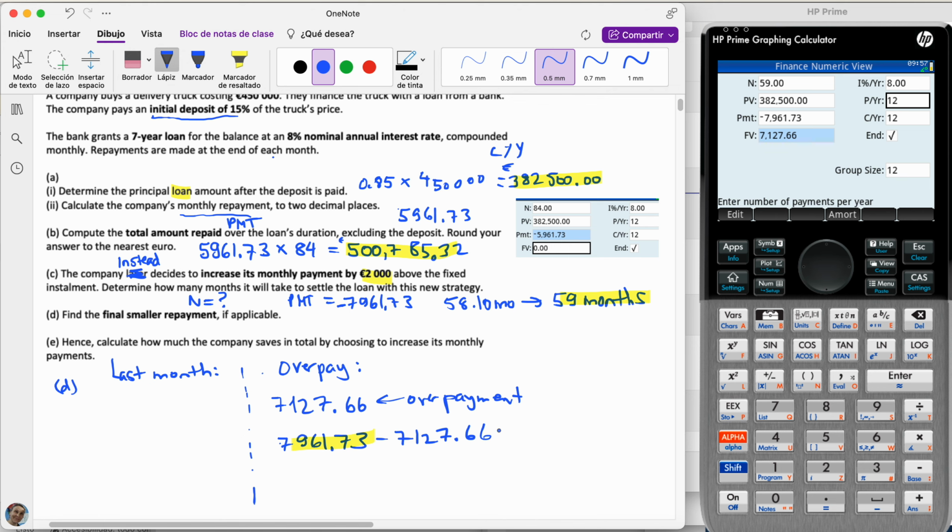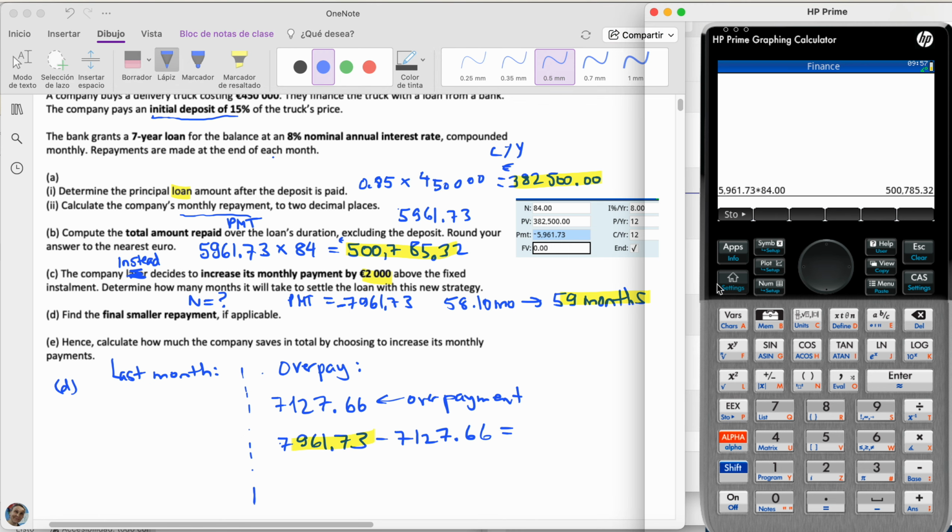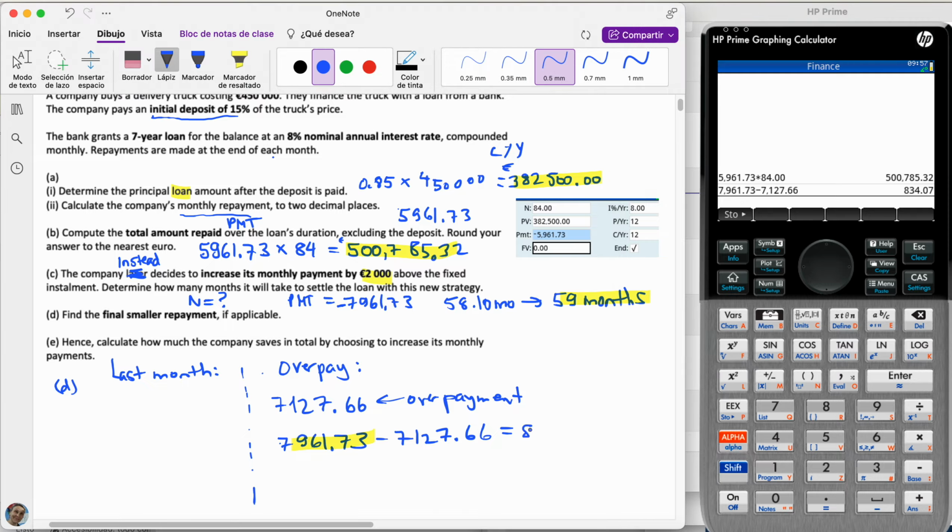That's not part of the loan or the interest. So we're going to go 61.73, 71.27, and so we end up with 834.07, right? So that's actually quite a bit smaller than the 7 something.